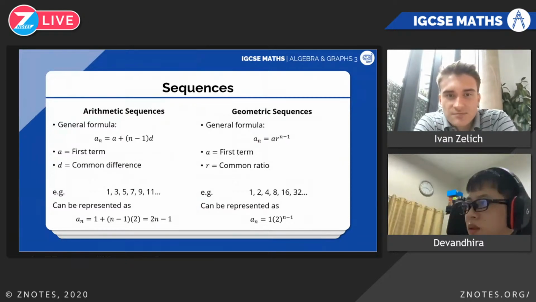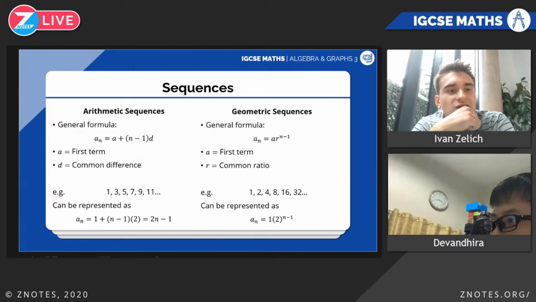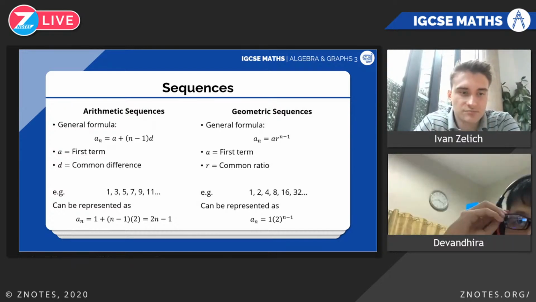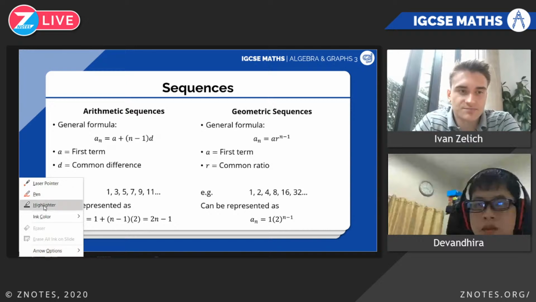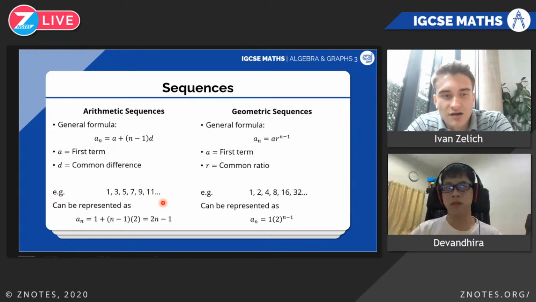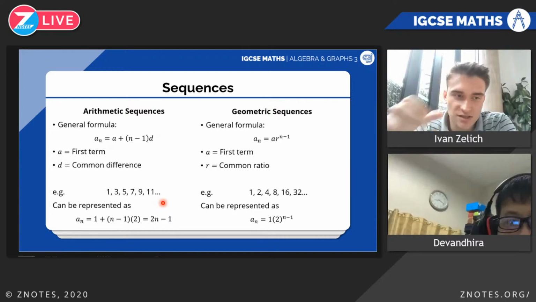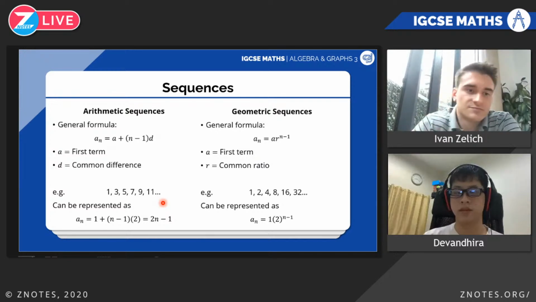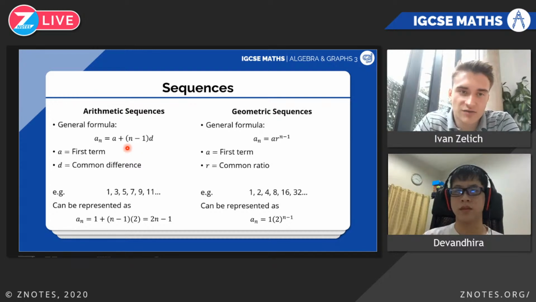So sequences, these things are obviously very useful. When you have arithmetic sequences, for example, we have 1, 3, 5, 7, 9, 11. These increase by 2 each time, and this is an arithmetic sequence because it increases by a number every time. The general formula is you get the first term, and then to figure out the nth term, you add n minus 1 times the difference.